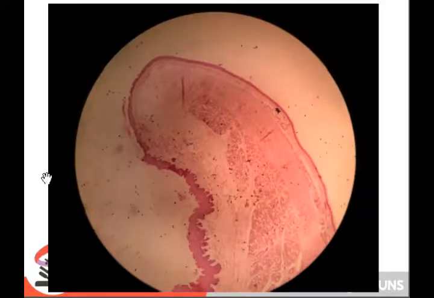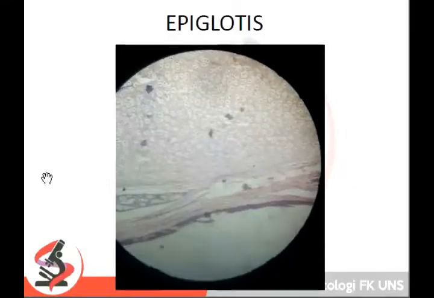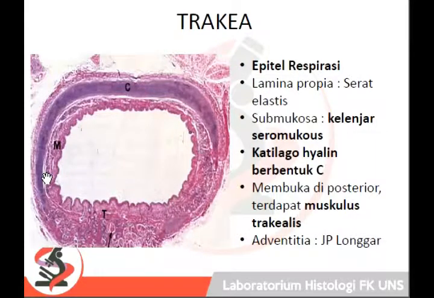Let's get on to the next step, the trachea. The type of epithelium in the trachea is respiratory epithelium. Below the epithelium are the lamina propria, elastic fibers, and the submucosa of the trachea, where we can find seromucous glands.